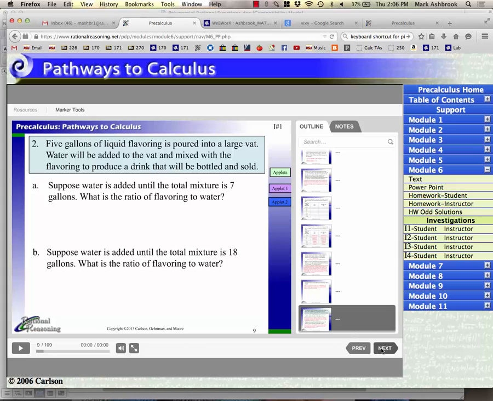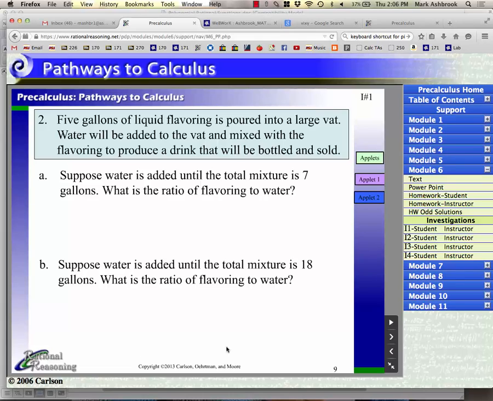What page is that on? 222. Okay? So I want you to start working on those. Number 2 on page 222.